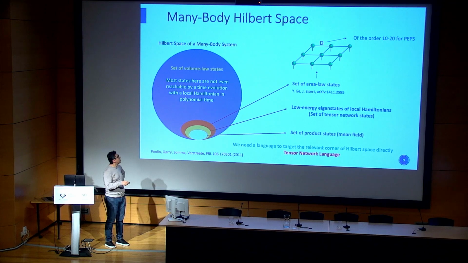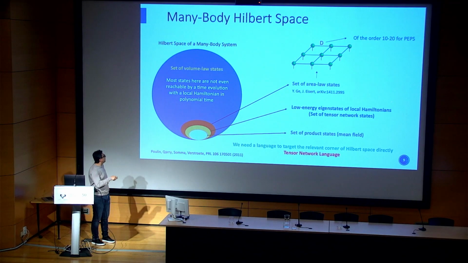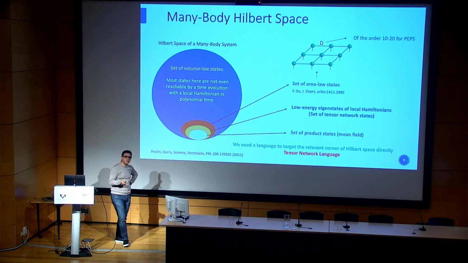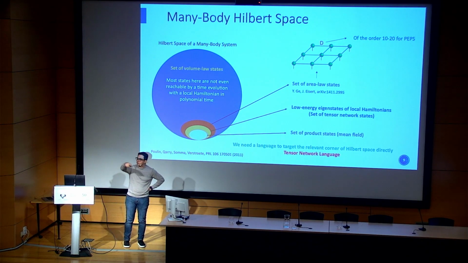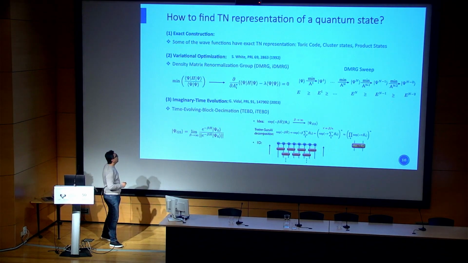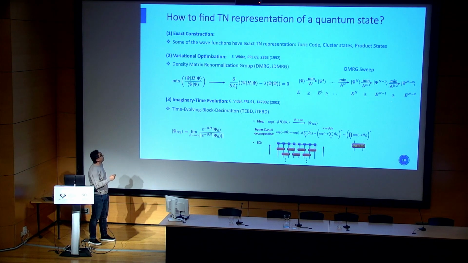It means that if you look at the many-body Hilbert space of a Hamiltonian, only a small subspace of it is suitable for finding a tensor network representation. These are the area law states, where the entanglement scales with the area of your system. Now the question is, if I have a Hamiltonian, how can I find this tensor network representation?